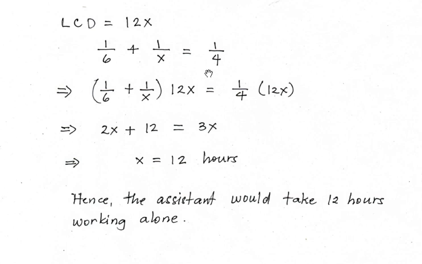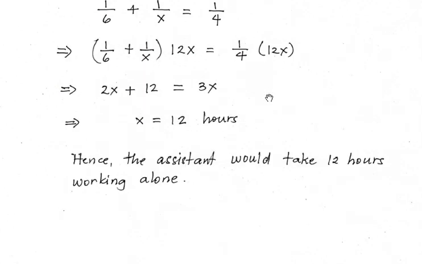6 and 4, they have the least common multiple, 12. Okay. Then on the right hand side, 1/4, we have to multiply it also by its LCD to preserve the equality. Simplifying, we have 12x times 1/6, that is 2x.